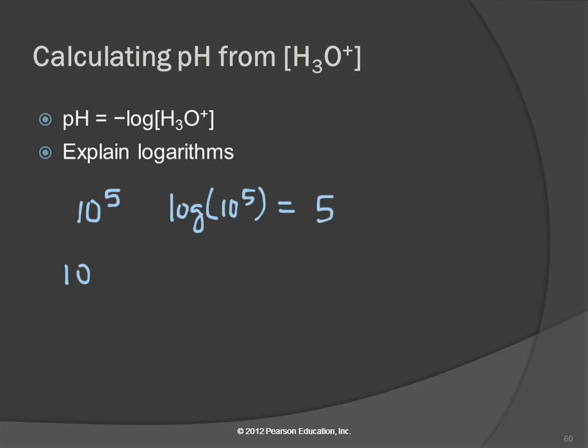So if we look at a number like this, 100, the log of 100, what is that? 100 is 10 to the 2, right? So the log of 100 is 2. And if you don't believe me, do it on your calculator. 100 and press the log button. 2.